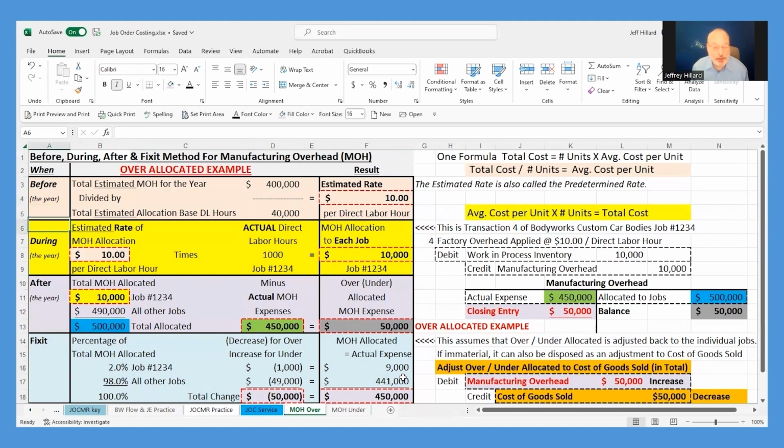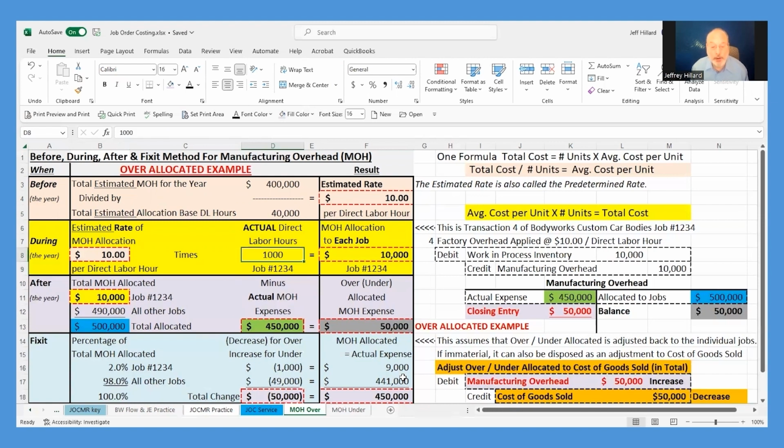So then we're going to take this estimated or predetermined rate of manufacturing overhead of $10 and just use that. And we know that we had 1,000 direct labor hours in job 1, 2, 3, 4, for body works.